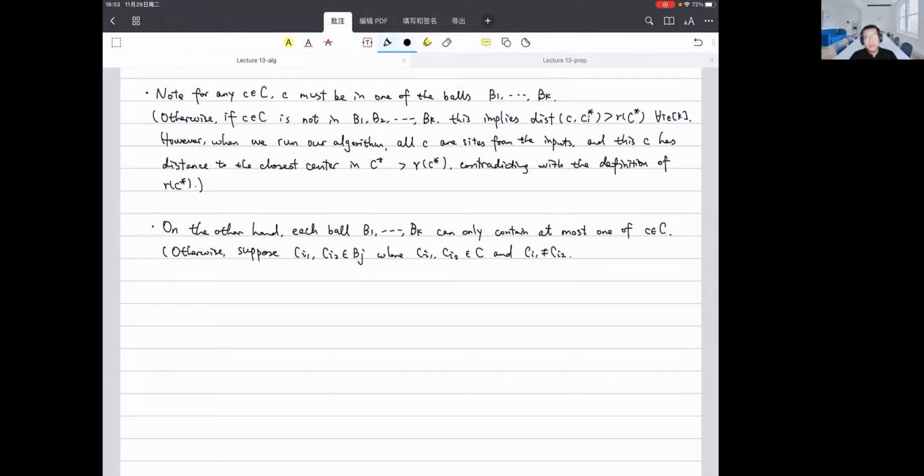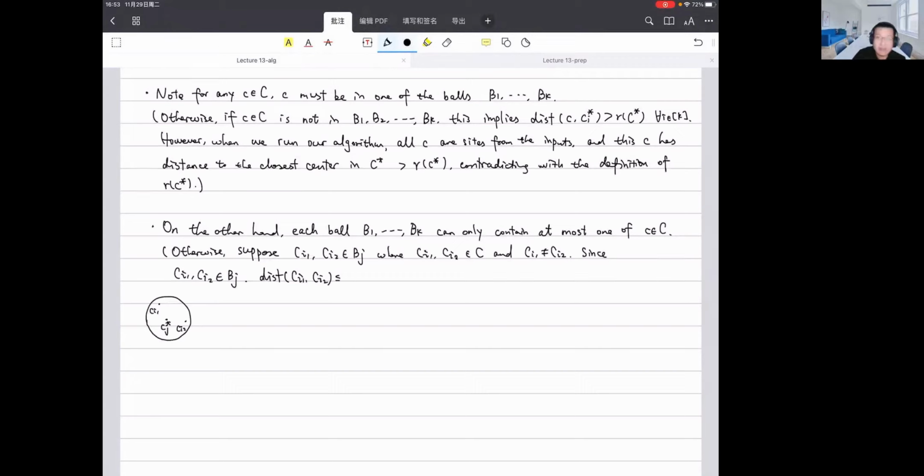What is the issue here? Since Ci1 and Ci2 are both in Bj, whose center is Cj star, we have two vertices in the same ball.